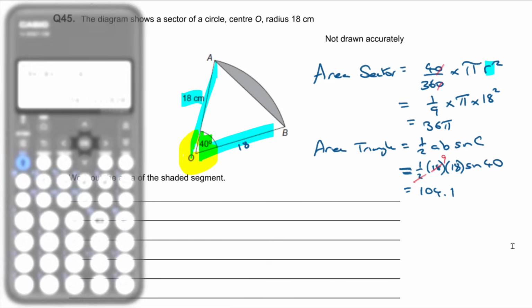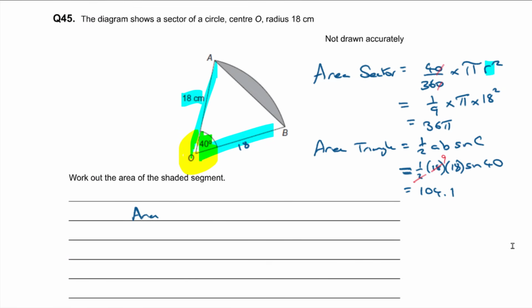Okay, so now I've got those two, I can say that the area of the segment is going to be the area of the sector minus the area of the triangle. Okay, so that's going to be 36 pi minus 104.1.